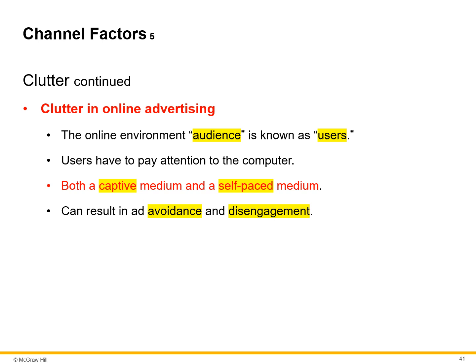They're captive because they stay in front of a computer, and they're self-paced as they can control the play and the duration of the ad on the medium. But it can result in avoidance and disengagement. They can avoid, they can skip, they can just stay away, disengaged.